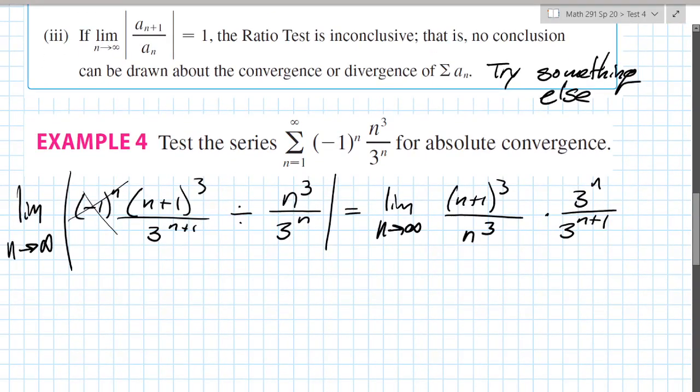So now we need to know what this limit is. So I'm going to simplify as much as possible to find this limit. One thing I notice is I can write 3 to the n plus 1 as 3 to the n times 3.